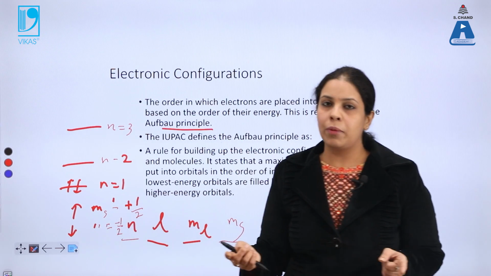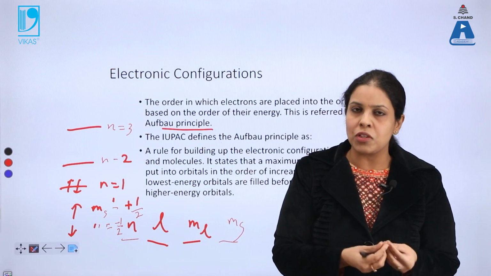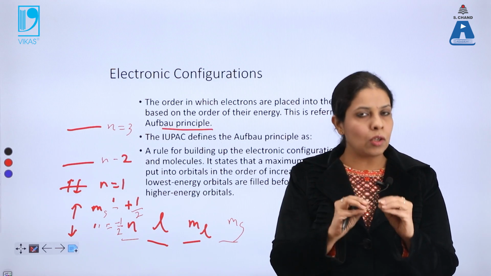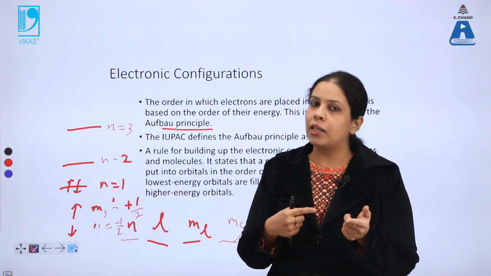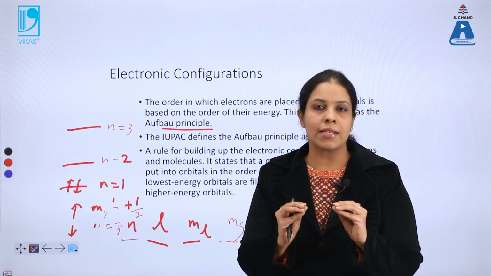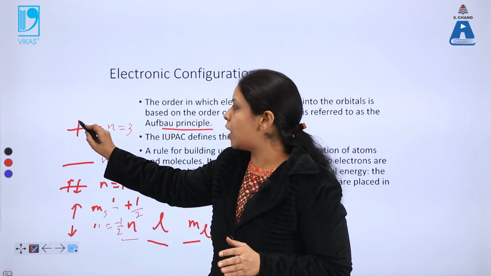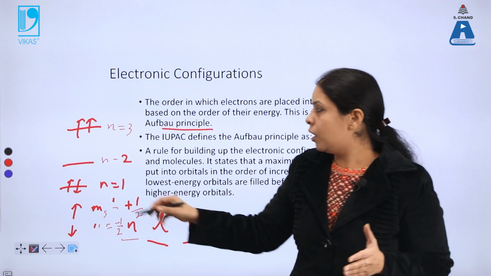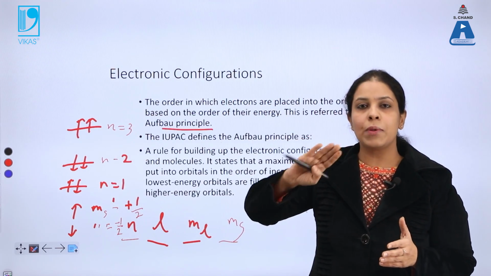The spin quantum number has to be different because, as I have told you, electrons are negatively charged species, so they will repel each other. If the spins of both electrons coming into one orbital are different, like one spinning clockwise and the other anti-clockwise, then repulsion would be less. That is the reason why the spin has to be different. This type of spin has very high energy, because in both cases the spin is the same.